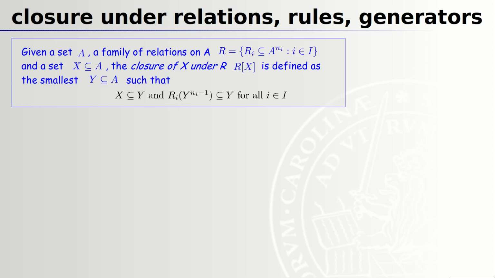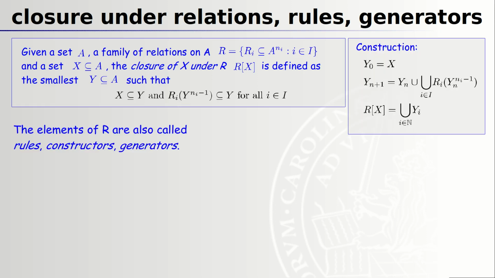The construction follows the familiar pattern of inductive set definitions. We start with X and add in each step the images of all the combinations of values from the previous step under all the relations.